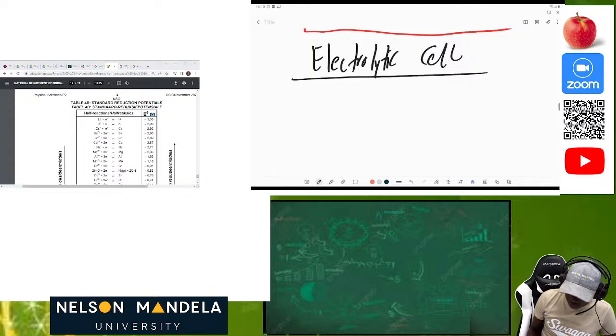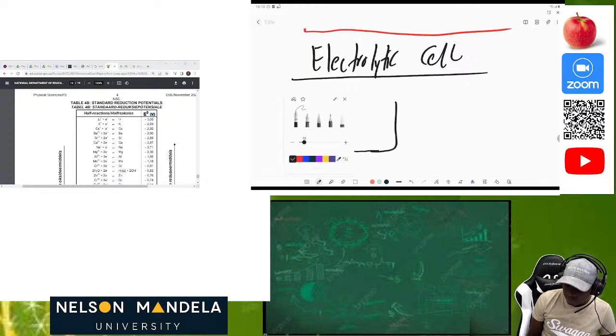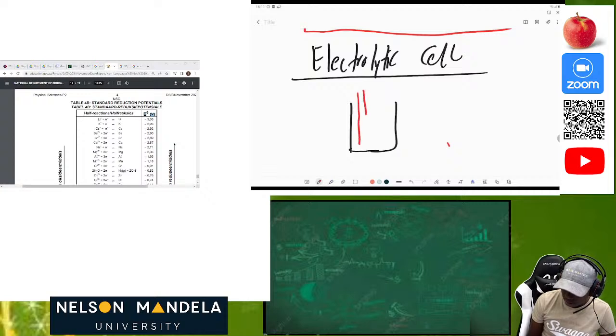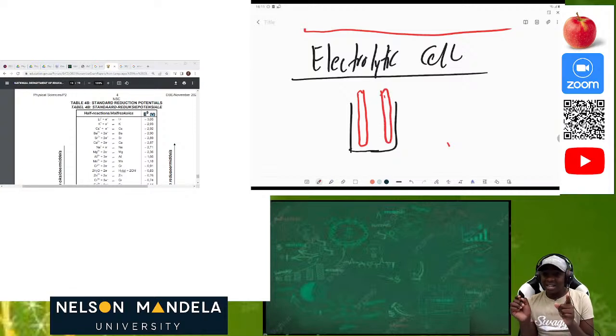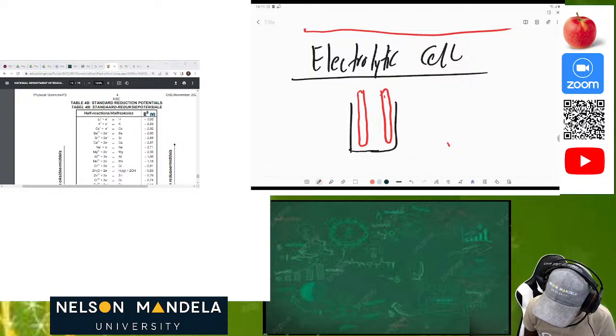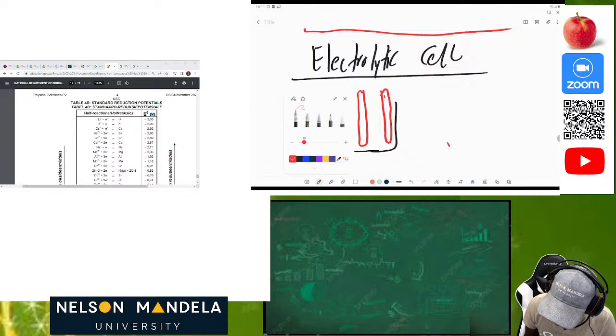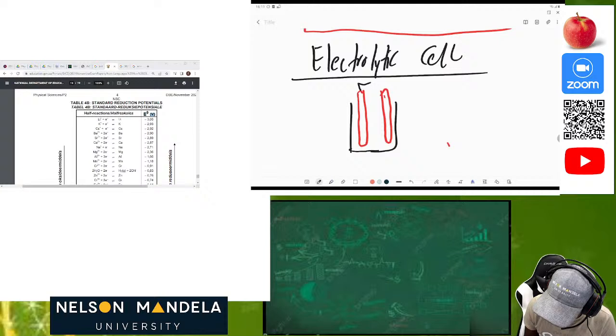The difference now is that a galvanic cell is connected using two beakers with a salt bridge, whereas an electrolytic cell doesn't have a salt bridge. The anode and the cathode are in one beaker, and this one is connected to a power supply.